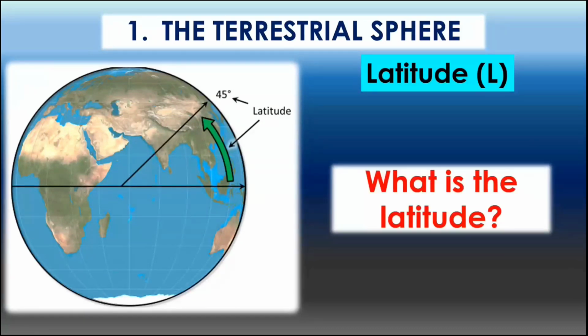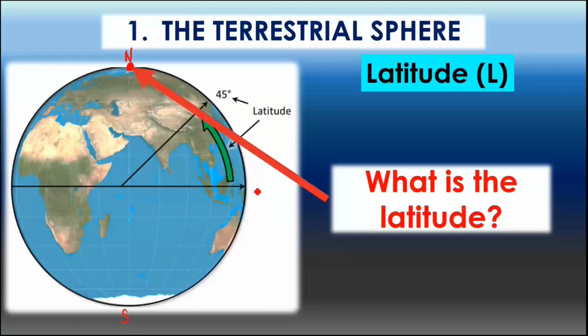Next. There's a question here. What is the latitude of this point with the arrow? Remember, we have here the North Pole and the South Pole. What if the point is located here?